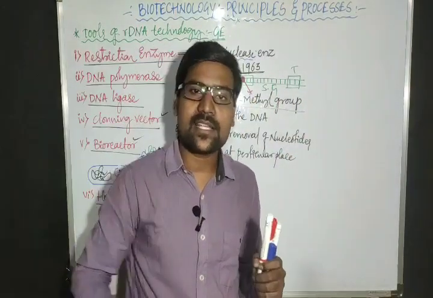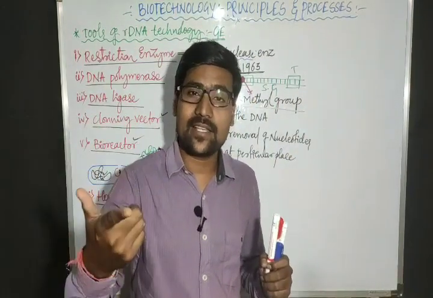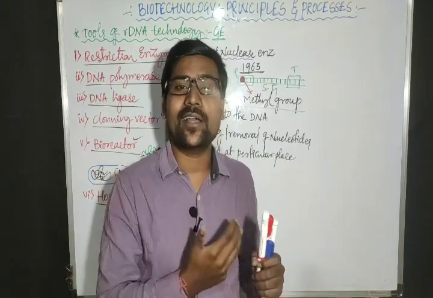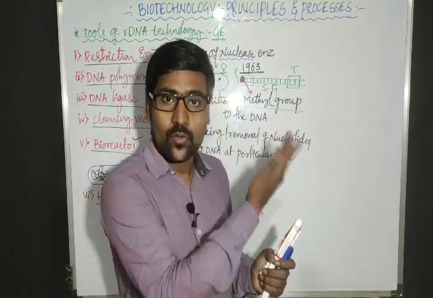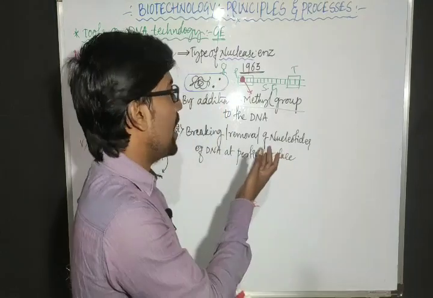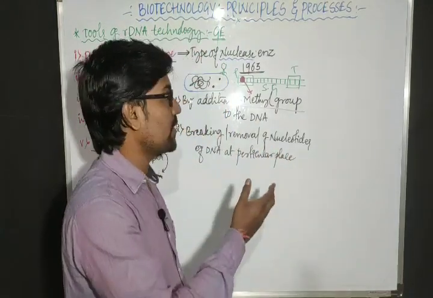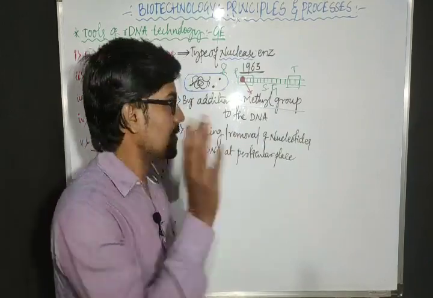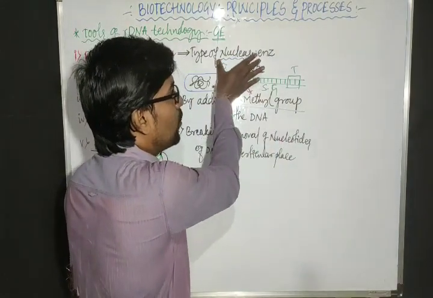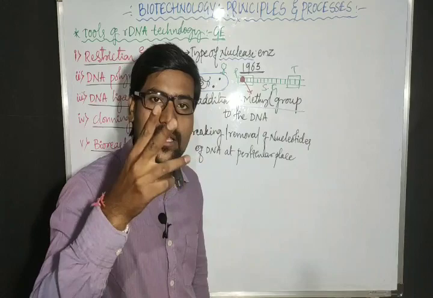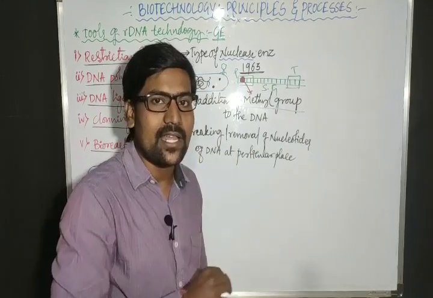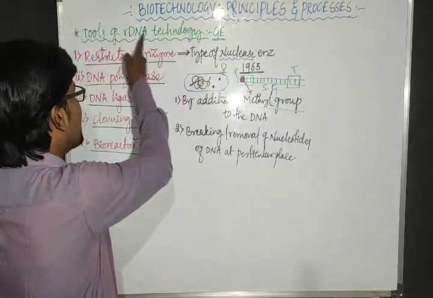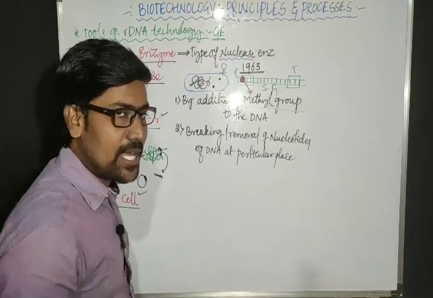We are having classes of enzymes: ligases, lyases, transferases, oxidoreductases, nucleases. In the same way, hydrolases, some enzymes we are having. Enzyme categories you observed first in the biomolecules chapter. Okay, right. So here a nuclease is a special type of enzyme breaking the nucleic acid, particularly DNA. So here one such kind of enzyme is restriction enzyme.